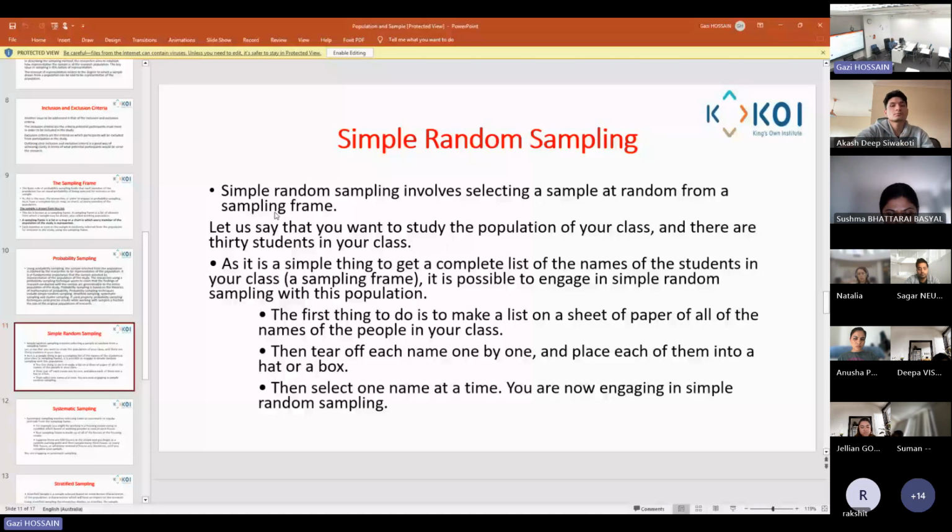Now, you will use simple random sampling when your population is homogeneous, all the same, with no real difference in your population. I'm saying again, when our population is homogeneous, it means almost everyone has the same characteristics and there are not that many differences. Then we will apply the simple random sampling technique.